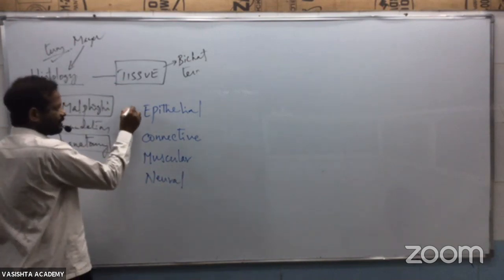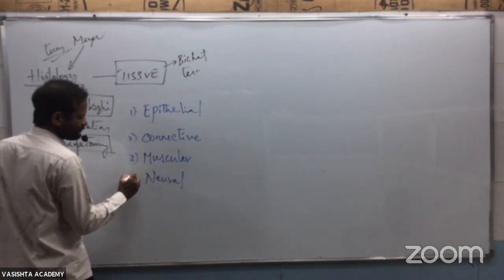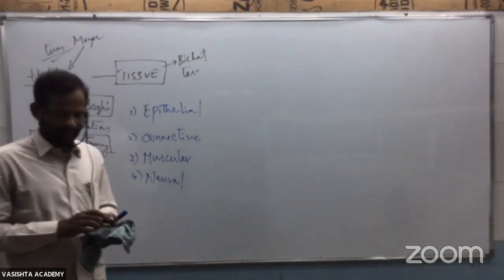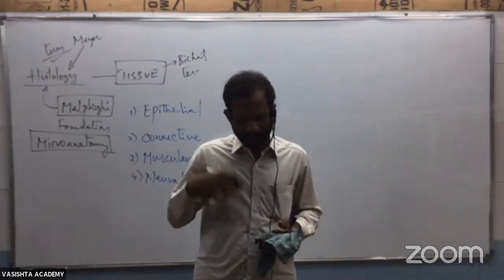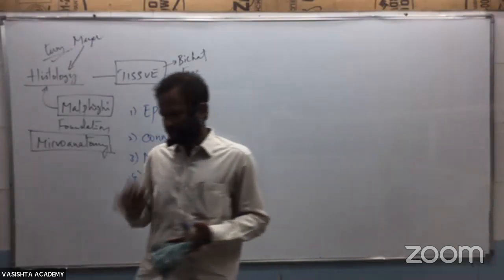So these are the 4 types of tissues in our body. Nothing else. Totally, our body is made of 4 types of tissues.